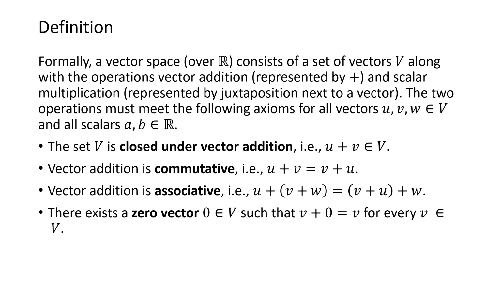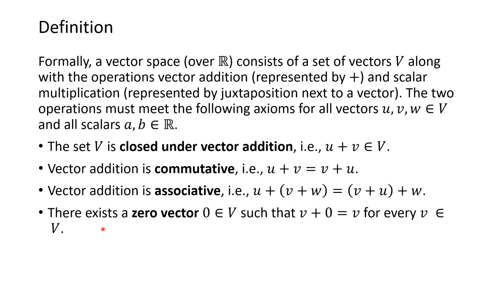And the two operations must meet the following axioms. And in terms of notation, we're going to use u, v, w for the elements of our vector space, and then the scalars a, b in the real numbers. And as I say, they could be, in some cases, in the complex numbers, and I'll mention when that happens.